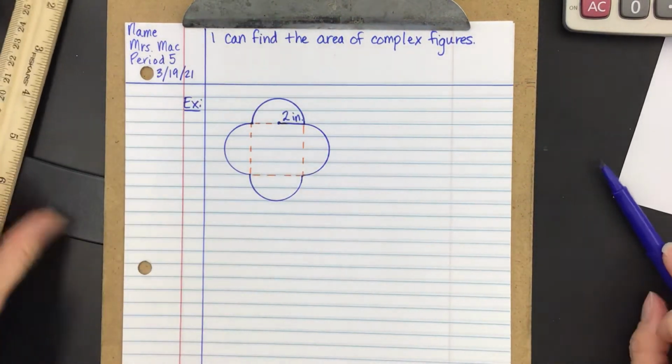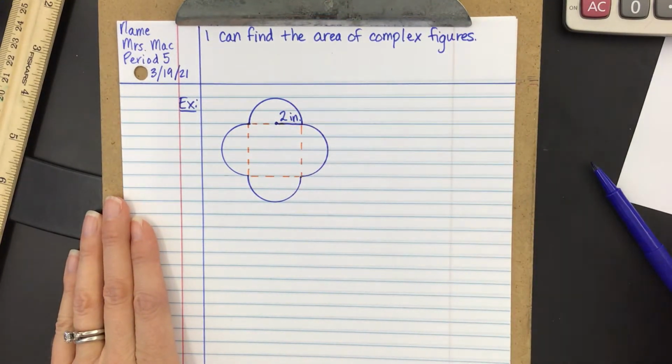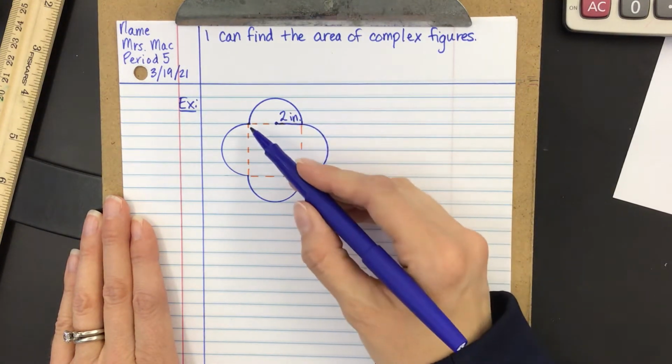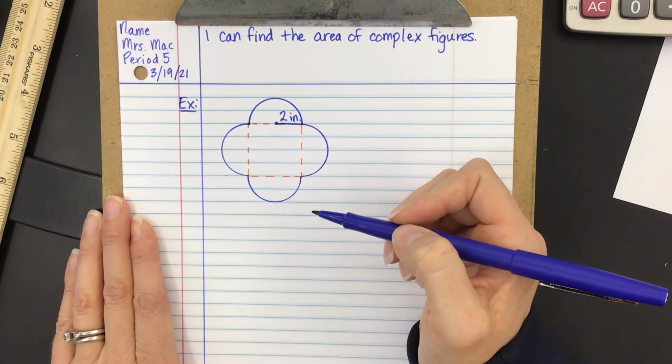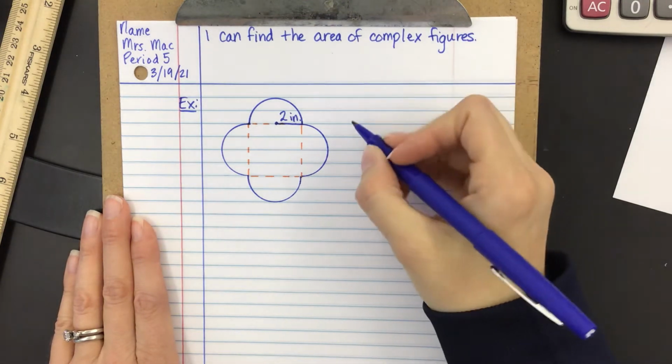Okay, now if there are 4 half circles, how many whole circles is that altogether? 2. So if I find the area of 2 circles and find the area of the square inside and add it all up, we should be able to get the area of the whole figure, right? So let's do it.